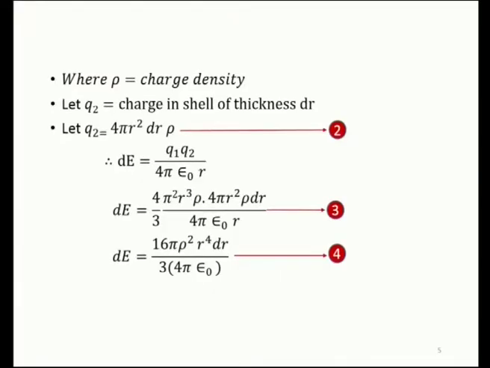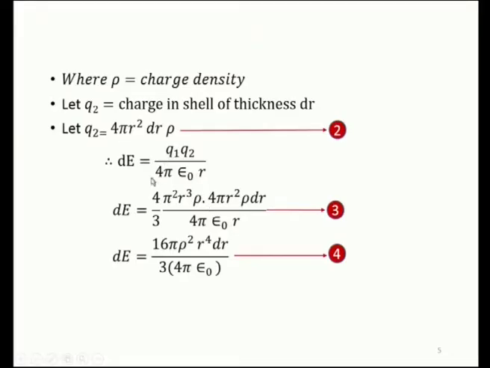Now we have already seen Q1 and Q2, so we substitute equations 1 and 2 in equation 3: 4/3 pi r cubed rho, and 4 pi r squared rho dr, divided by 4 pi epsilon 0 r.